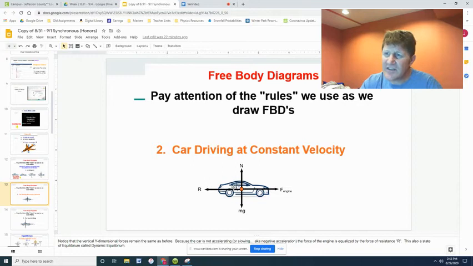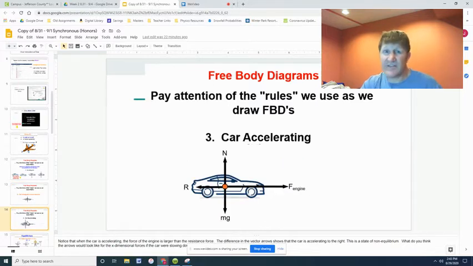In the situation we have here, the force provided by the engine is equal and opposite to the force provided by friction. So the sum of the forces is all going to cancel out to give you zero. And this car is in what we call dynamic equilibrium, meaning constant velocity, zero acceleration.